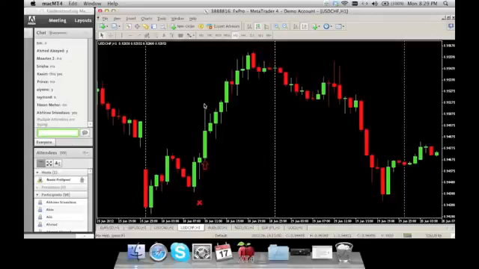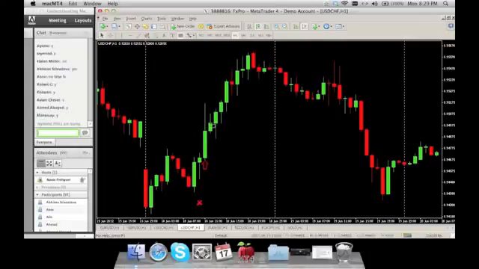Let's say this particular candle closed. Okay, it closed and we are here. We had a higher low, higher low. We had a higher high, and a higher high. We can clearly see the market is in an uptrend. So we have a trend.